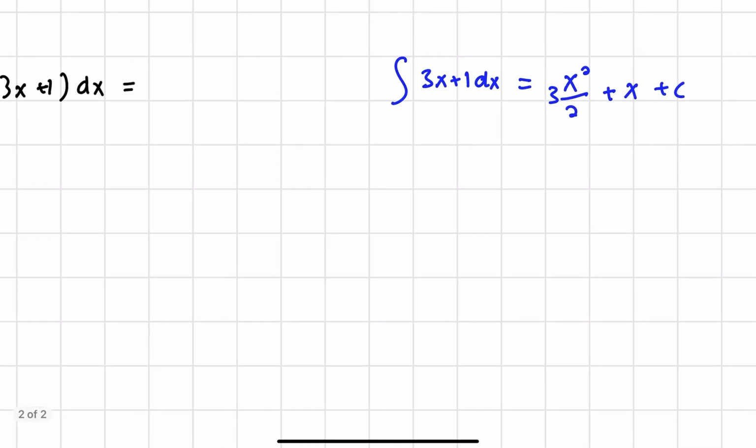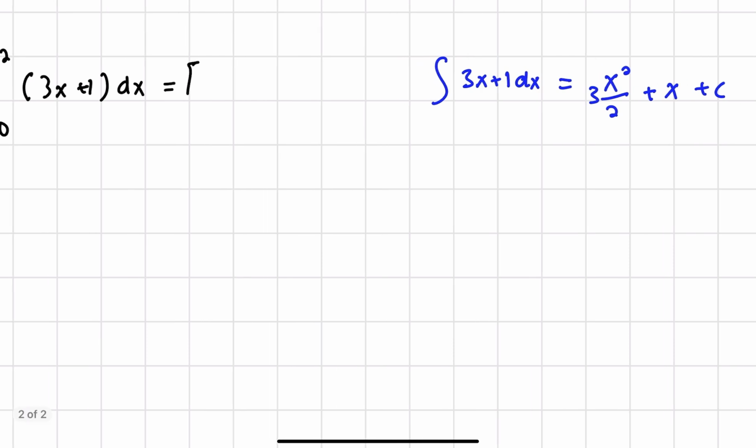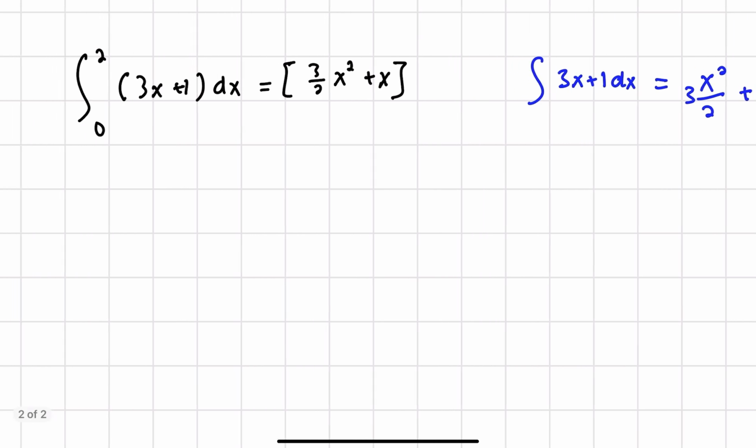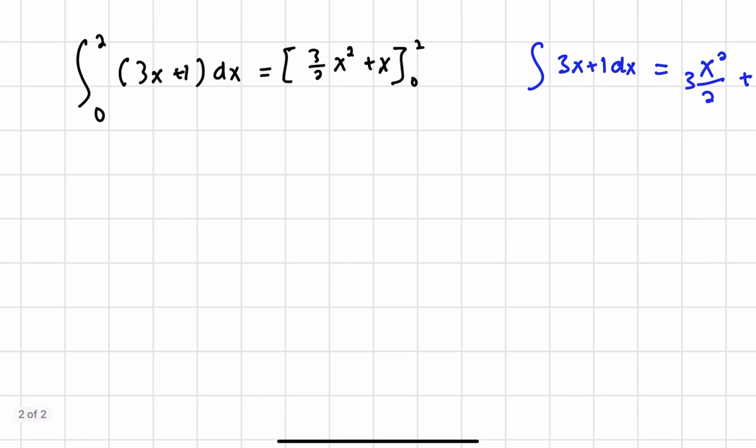This is our antiderivative. So here let's evaluate everything. It would be 3 over 2 times x squared plus x, and you would forget about the constant because it is a definite integral, and we have our upper bound and lower bound.